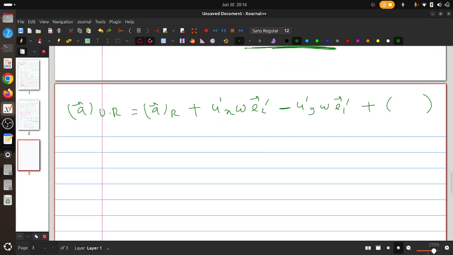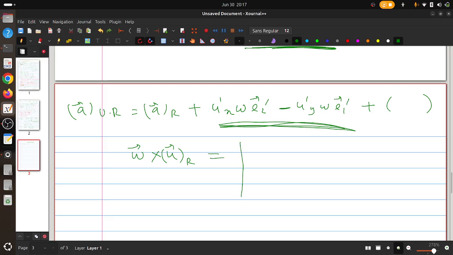So again, we want to write this in terms of a cross product because this seems to be a cross product. So let's just see what omega cross u in the rotating frame is. Right. So when I say the rotating frame, I simply mean that the u vector I am expanding as u prime I and e I prime vector in the prime frame.